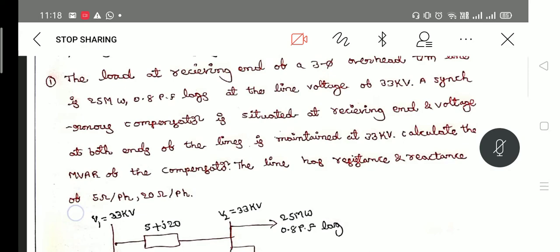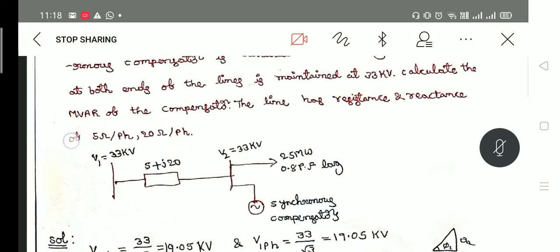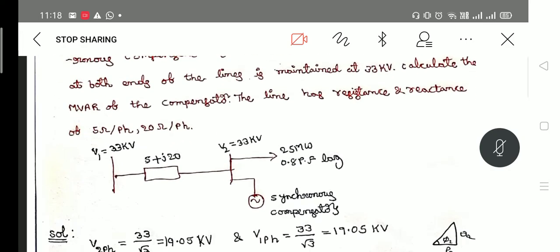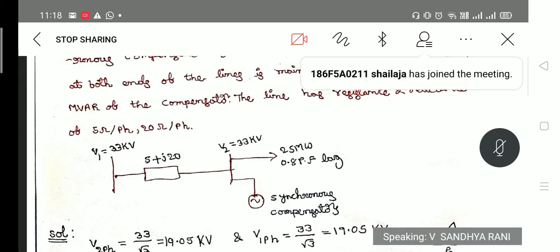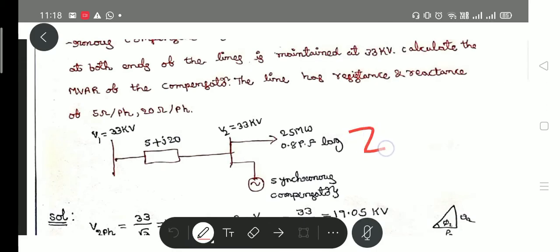Here they are giving V1 as 33 kV, and resistance and reactance are given as 5 + j20. Z is equal to R plus jX, no? Here R is equal to 5 and X is equal to 20, and V2 is 33 kV.